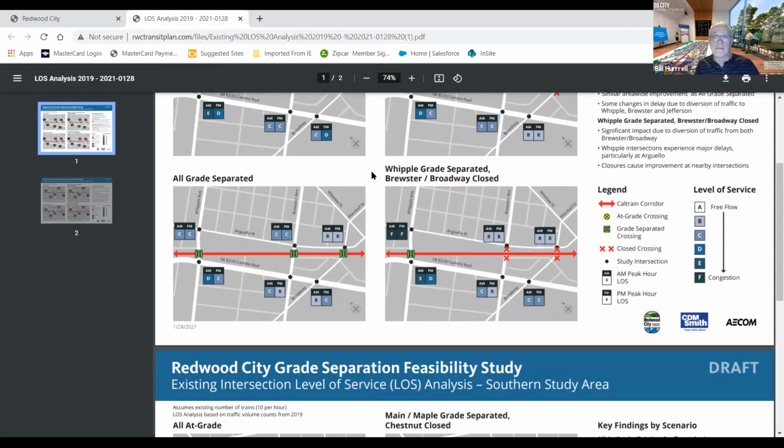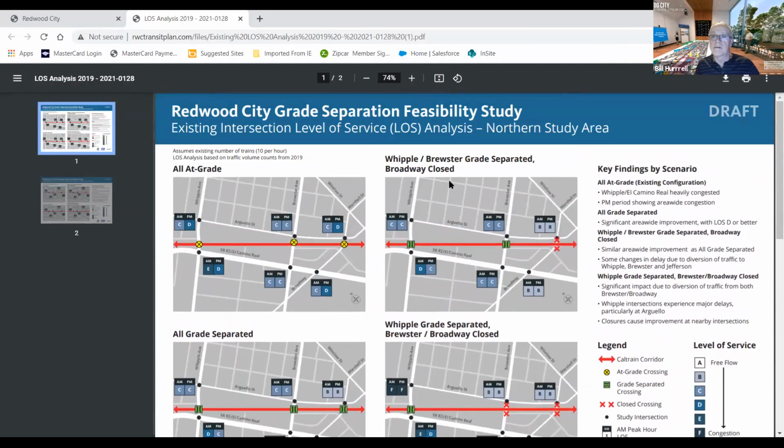Then if you go back here and we look at the option of Whipple and Brewster being grade separated, but closing Broadway, from my discussion before, you have two different things going on. You're increasing the throughput at these two locations, Whipple and Brewster, but you're decreasing dramatically the throughput at Broadway. And so traffic is going to be diverted to these two locations.